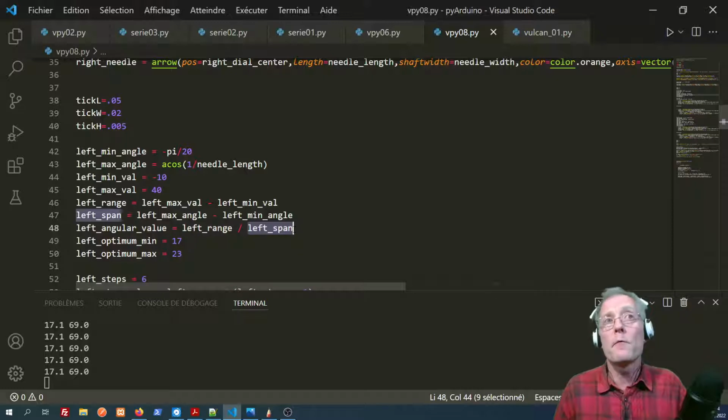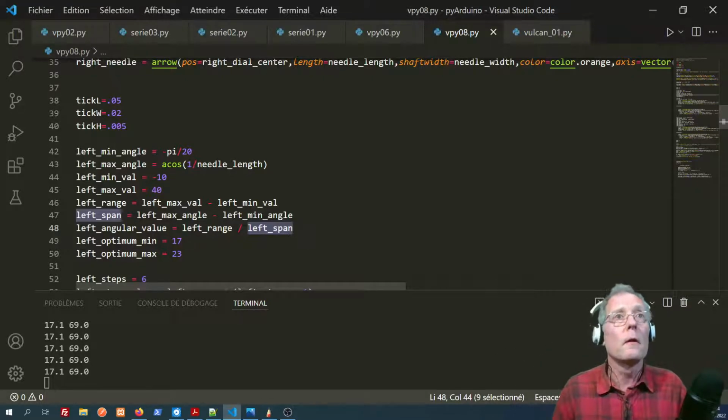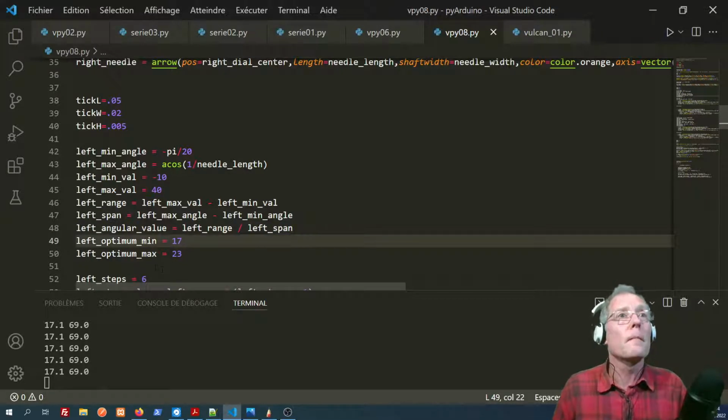Okay, it will give me the value for 1 degree. What value corresponds to 1 degree? Well, with this factor, I will be able to make a conversion between the value that I want to display and the angle I want to adjust.